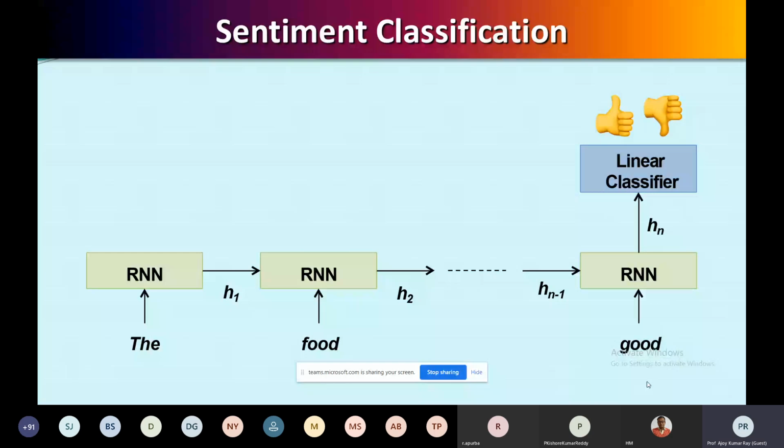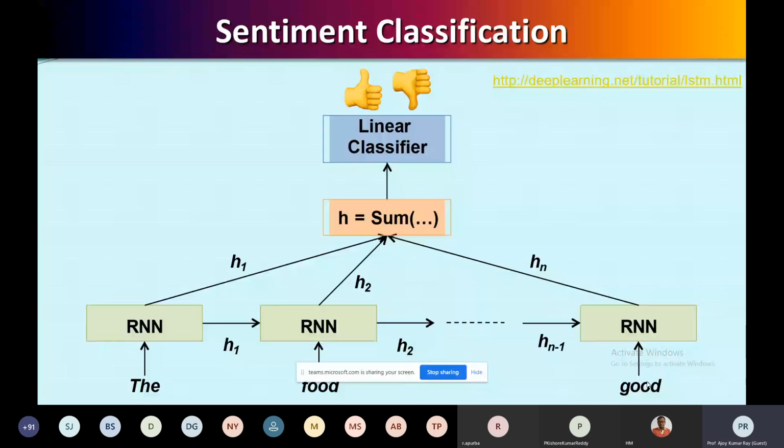So in sentiment classification, till the whole thing is talked about, you cannot come to any kind of decision making. So in the case of such time series, whether it's video or whatever it is, it's very difficult to finally come to the conclusion. So RNN is quite widely used.